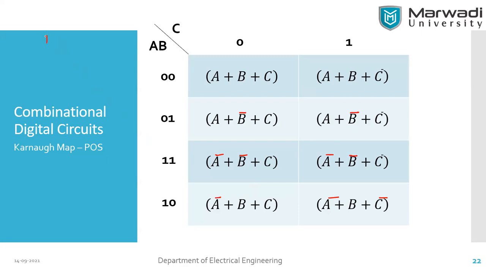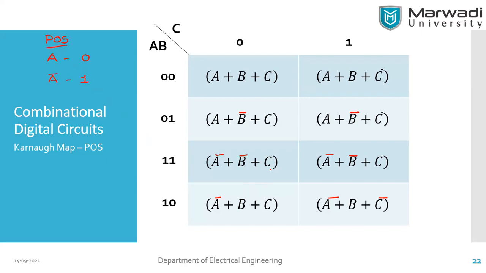So in case of POS, you will take A as 0 and A bar as 1. POS is in a way just the opposite of SOP.